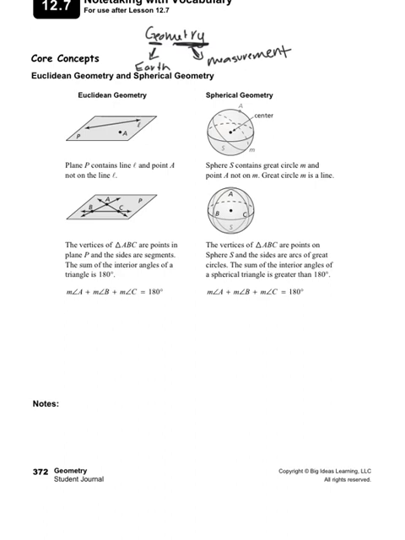So in Euclidean geometry you're using lines and line segments, and with spherical geometry you're using arc lengths and great circles.